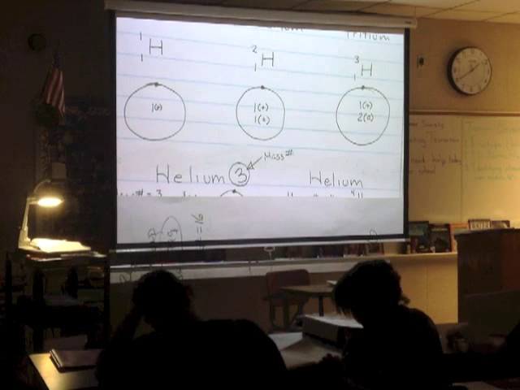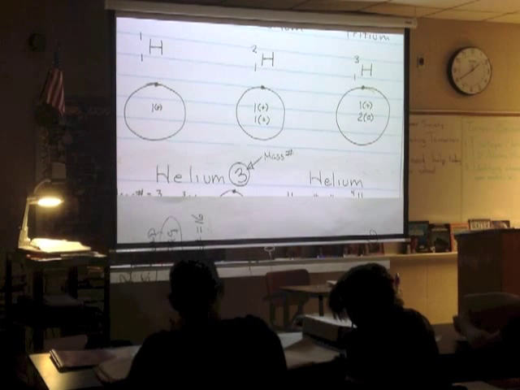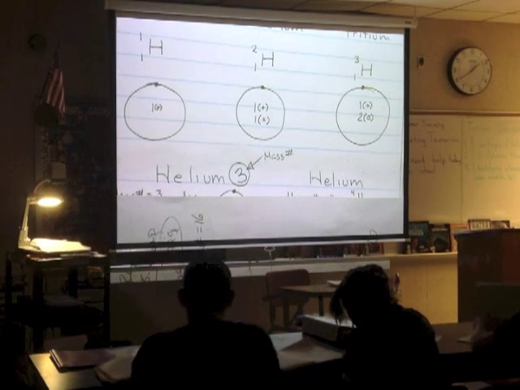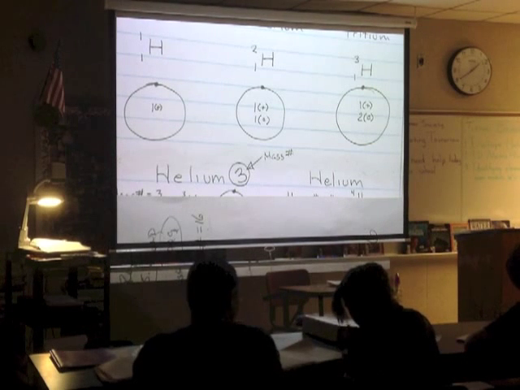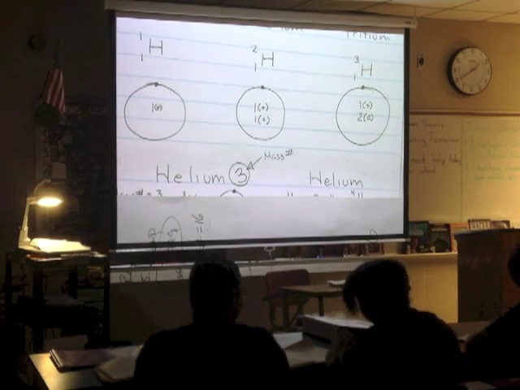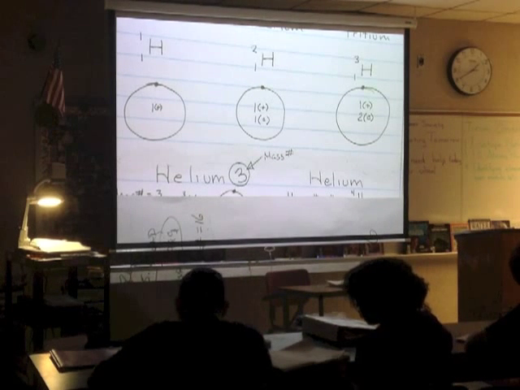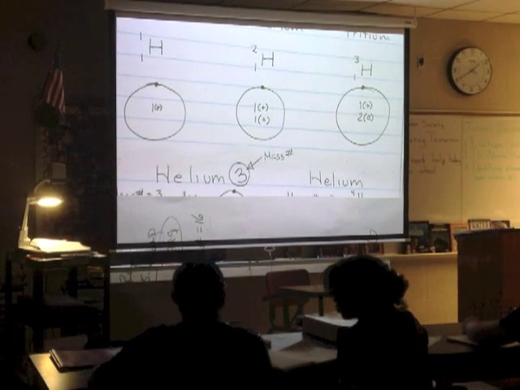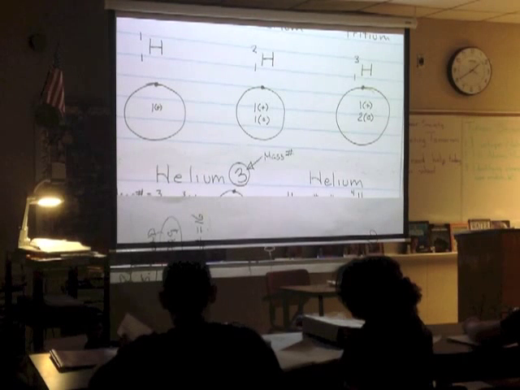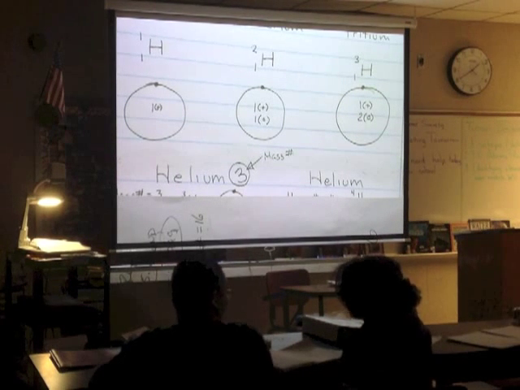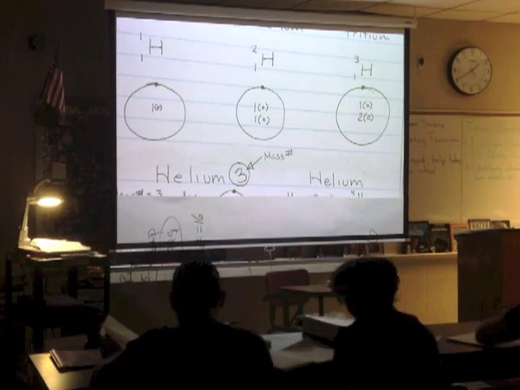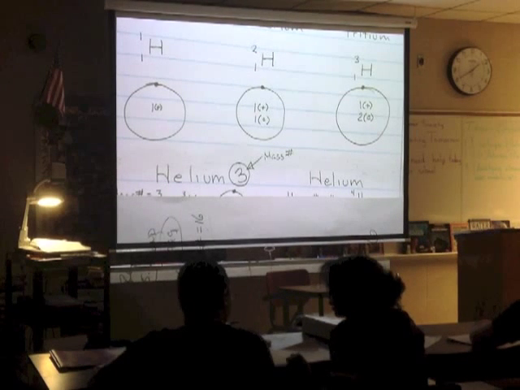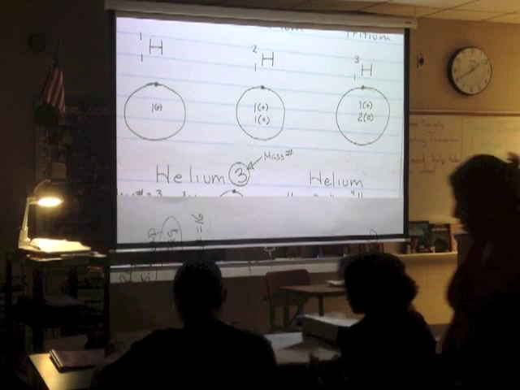Was it the 2 and the 2? So what's that? 0 and 2. So what's the mass number? So it was 2 minus 0.